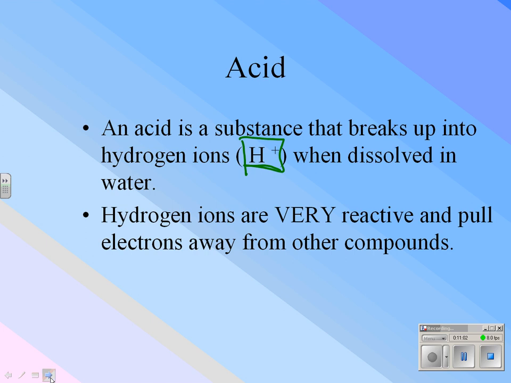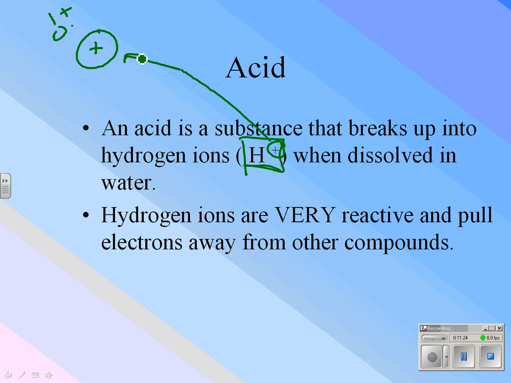Hydrogen ions are very reactive because a hydrogen ion has a positive charge. That means it has one proton, 0 electrons. And it really wants to add electrons.